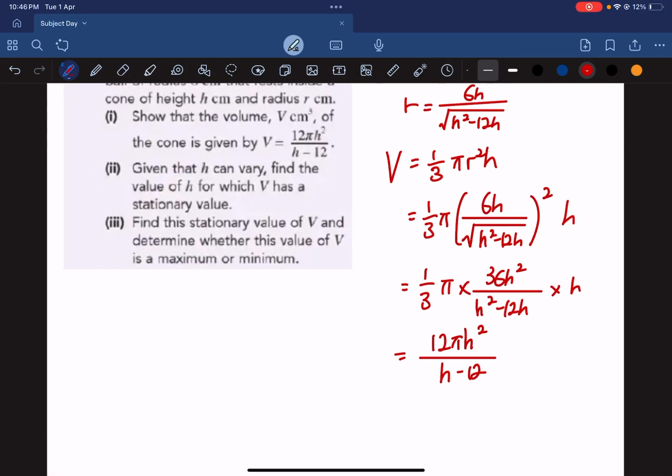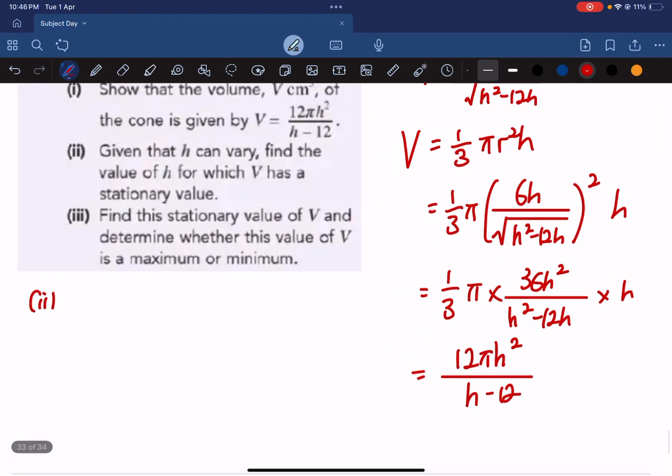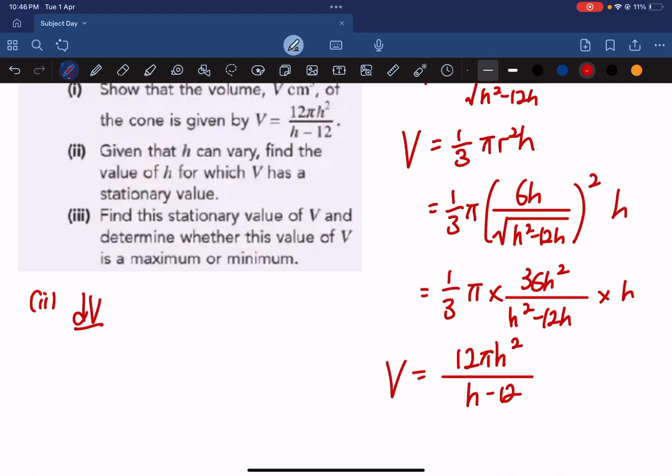Okay, so now moving from here, given that h can vary, h is a variable now, find the value of h such that V has a stationary value. So for this to have a stationary value, it means that dV over dh must be equal to 0. So very simply over here, part 2, given that V is equal to this, dV over dh I can now find by differentiating my volume expression.